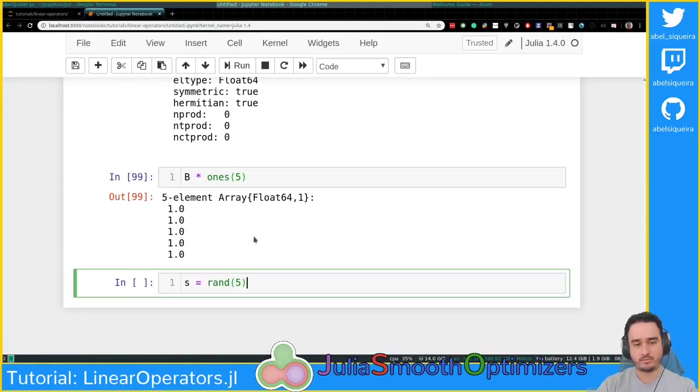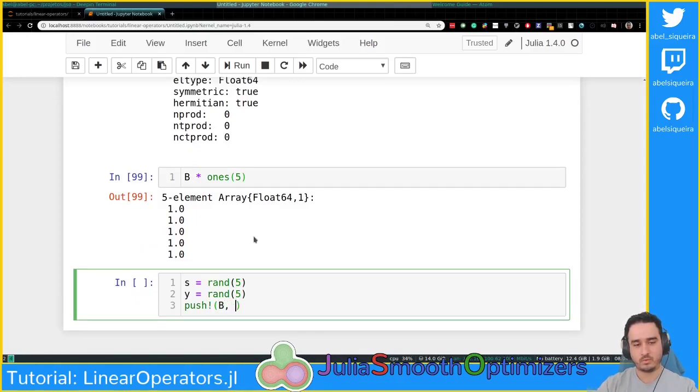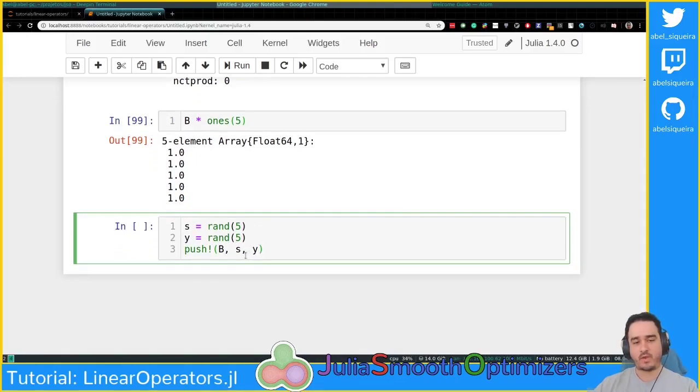update it with a vector. This S should be the variation of X, and Y should be the variation on the gradient. By the way, it should be much easier to copy.